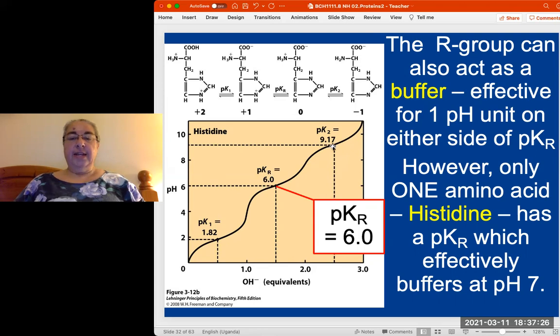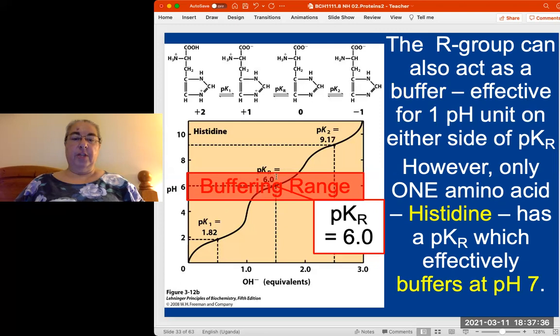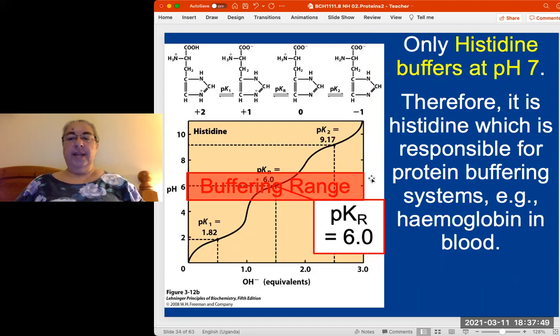And histidine is the only amino acid that can actually buffer at pH 7. So there's its buffering range, just about reaching to pH 7. So in a biological system, amino acids in solution, histidine is the only one that buffers at pH 7.